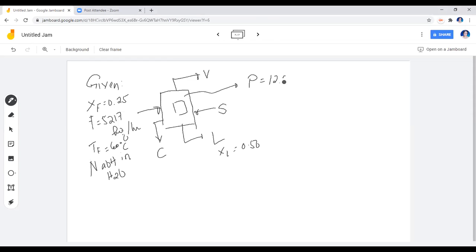And the overall heat transfer coefficient is 1,740 watt per square meter Kelvin. And you are given the pressure of the steam also, and it has a value of 172.4 kPa.